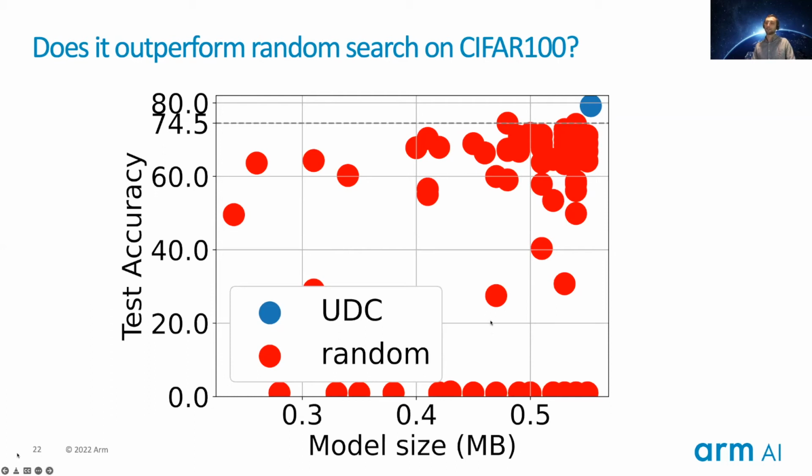There's lots of models in the search space which aren't trainable at all. There's some models that are very low accuracy, some that are medium, and some that are high. So there's a very wide range of models in the search space, which means that the search problem is actually quite difficult. So it's another good thing for our algorithm to be able to traverse a search space.